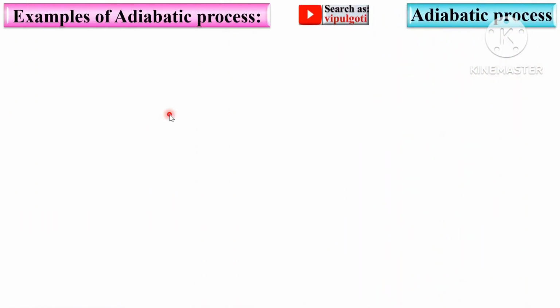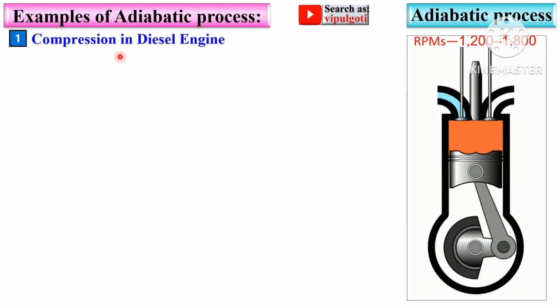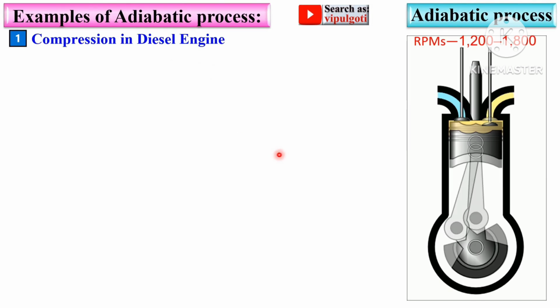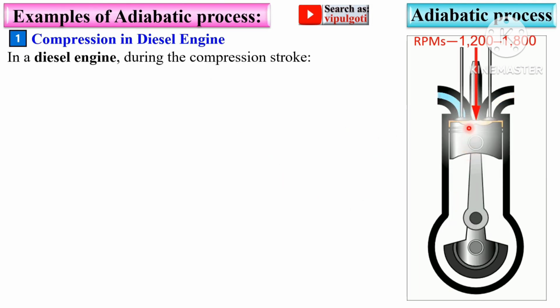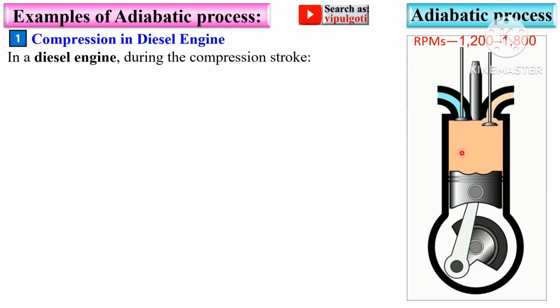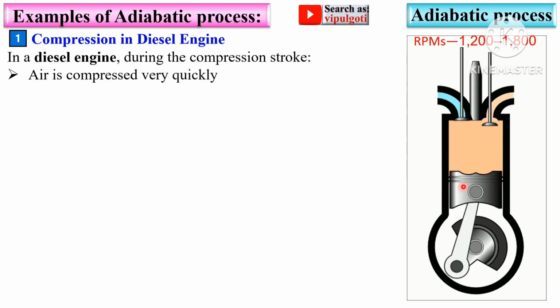Now let's take examples so that you can understand the adiabatic process. First, the compression in the diesel engine. Here you can see the suction, then the compression. Particularly for the compression stroke, air is compressed very quickly.